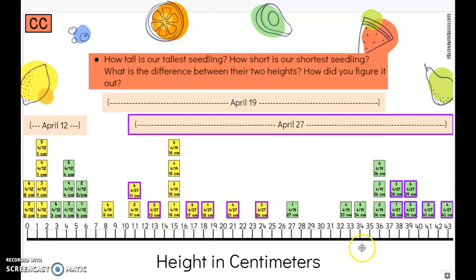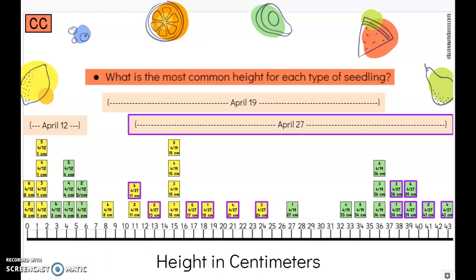That's great thinking too. If you were thinking, 43 minus 10, let me count back by 10. Oh, it's 33. One more is 32. Good thinking. Let's keep thinking now about what the most common height for each type of seedling is. Remember, most common means the one we see most often.